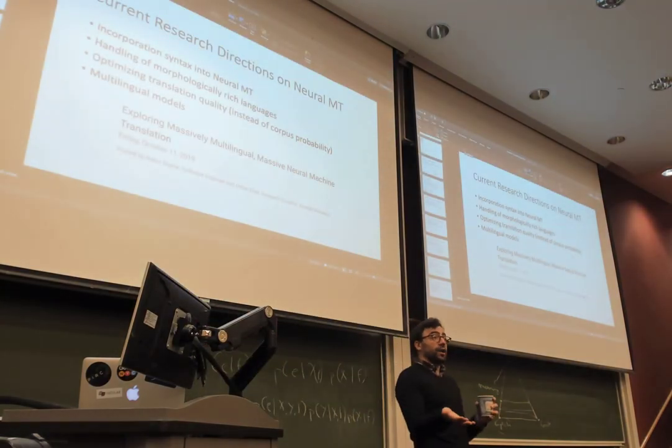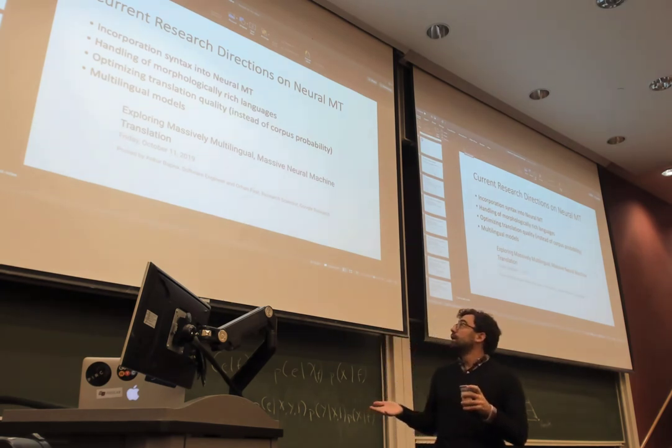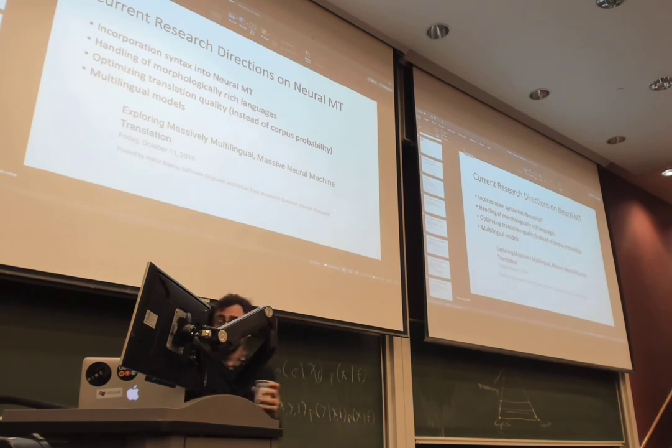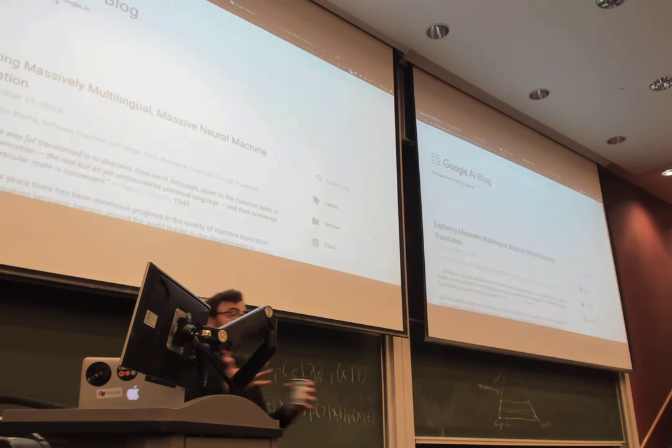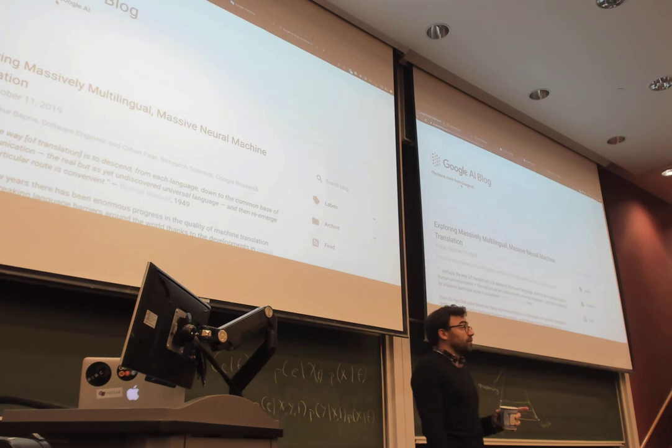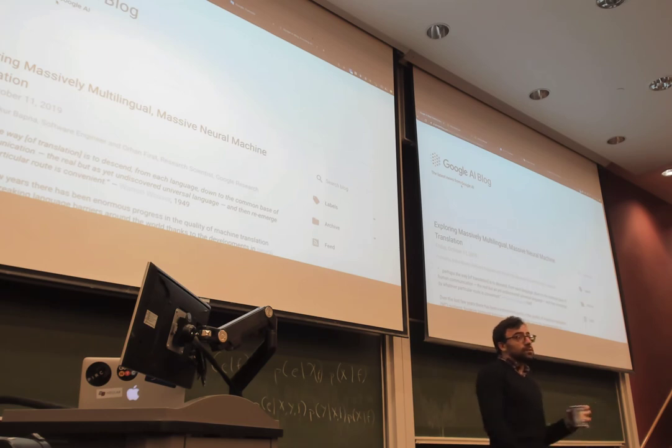So one issue with training neural nets is that you need a lot of data to make them work well. And you know, for English and French and German and Chinese, you might have so much data. But for languages like Swahili and translating from Swahili into Urdu, you don't have any parallel data.